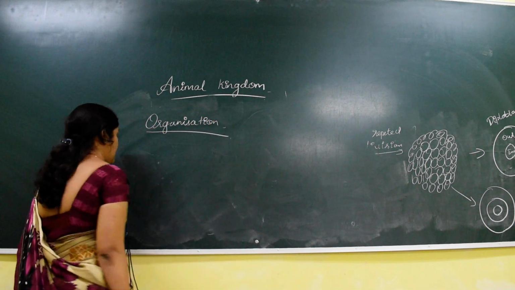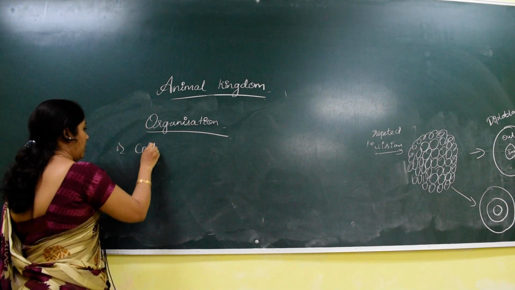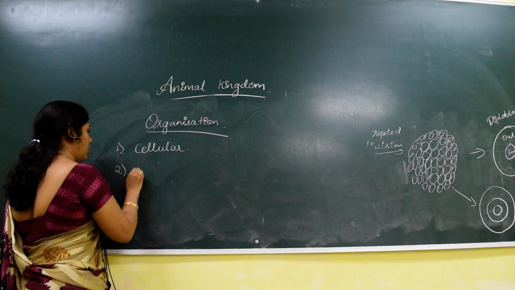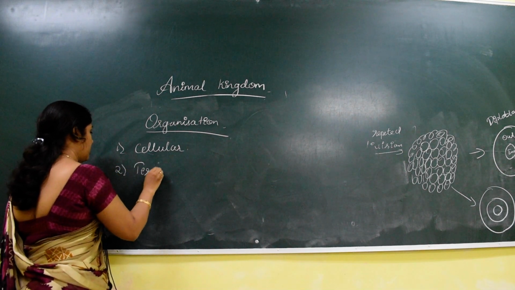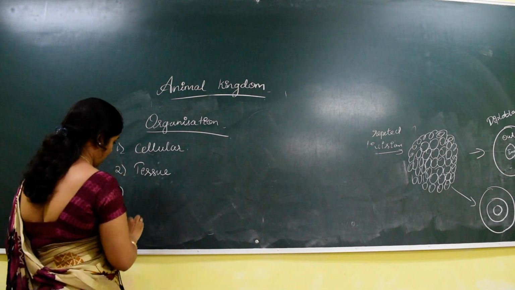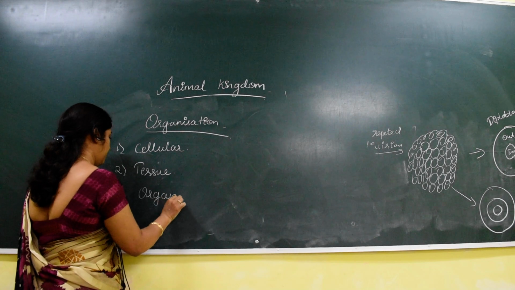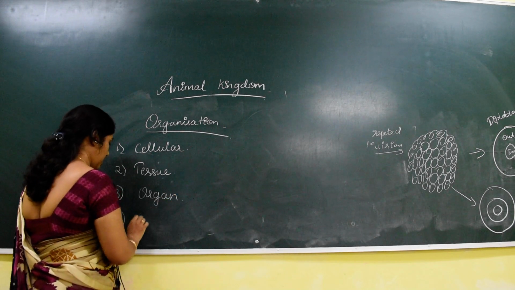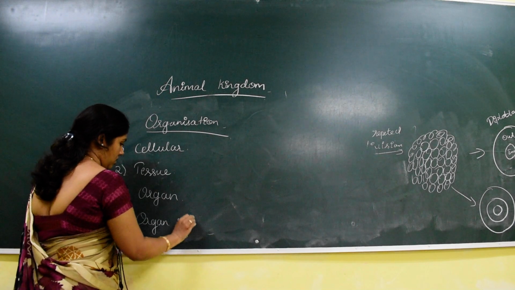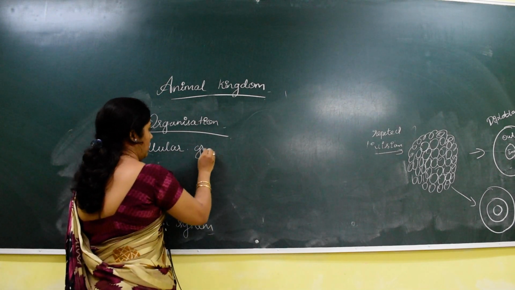So in organization there are different types of organization. One is cellular grade of organization, tissue grade of organization, next organ grade of organization, fourth one is organ system grade of organization.